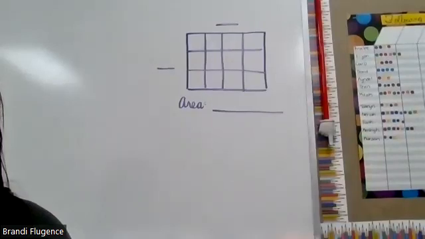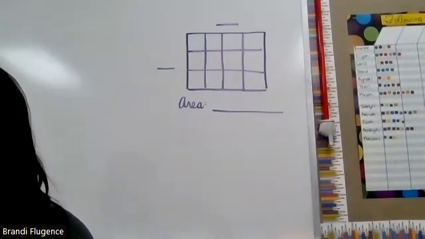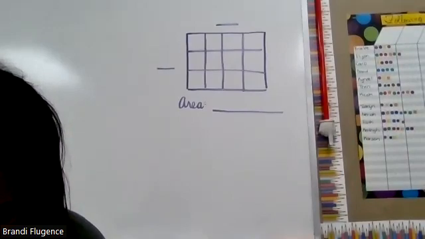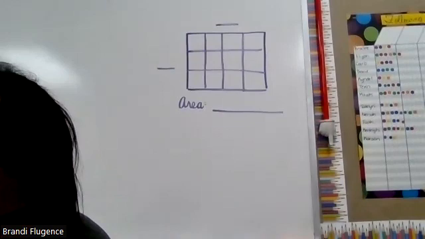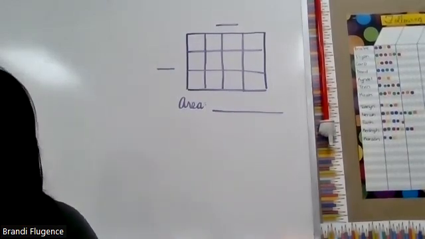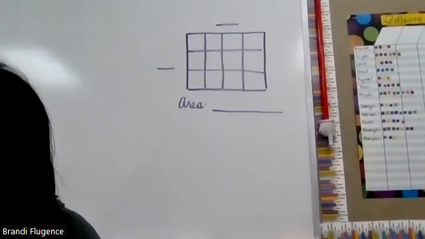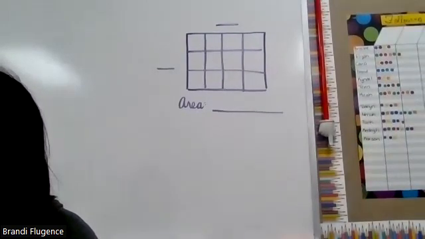5 times 6 equals 20. Come again. 5 times 6.